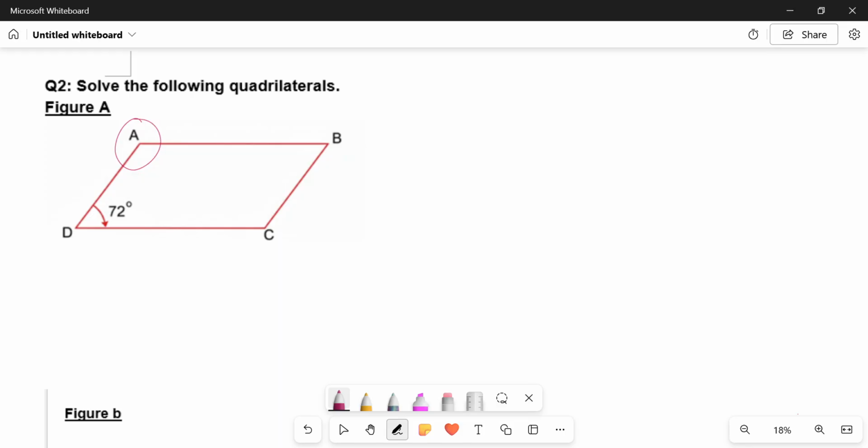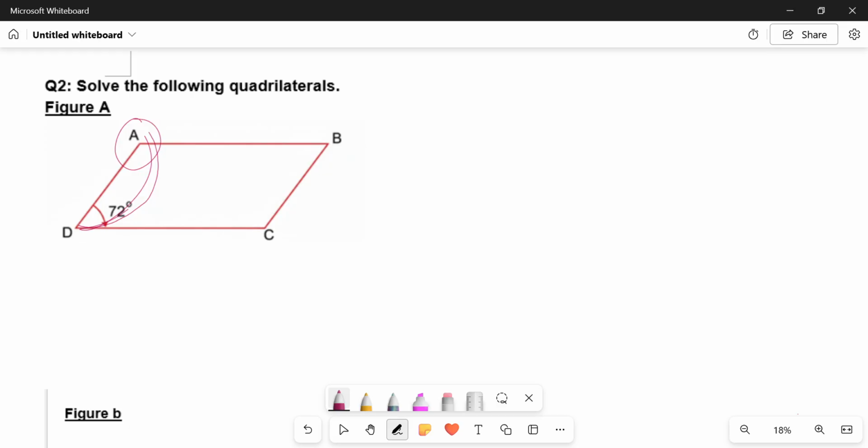And we know that the opposite sides of the parallelogram are parallel. Now here, we can solve this with the help of supplementary angles. How come? Look, D and A. Okay, these become supplementary angles. These are the interior angles of a parallelogram, right? So when we subtract it from 180 degrees, you will get the answer.